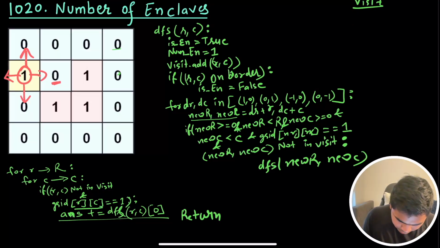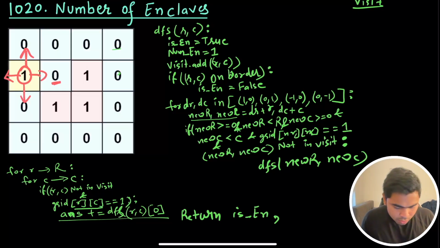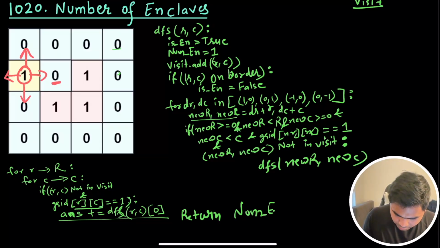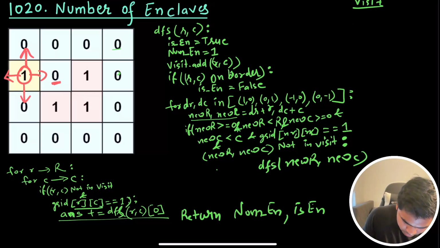First is num enclave, num_en, and the second thing is is_en. So these are the two things I'm returning, and let's collect these two things. This will be returning two things to me: first is count and second is enclave.